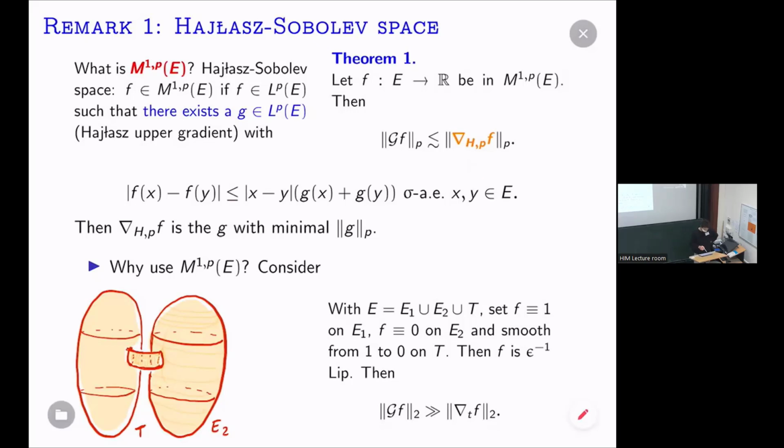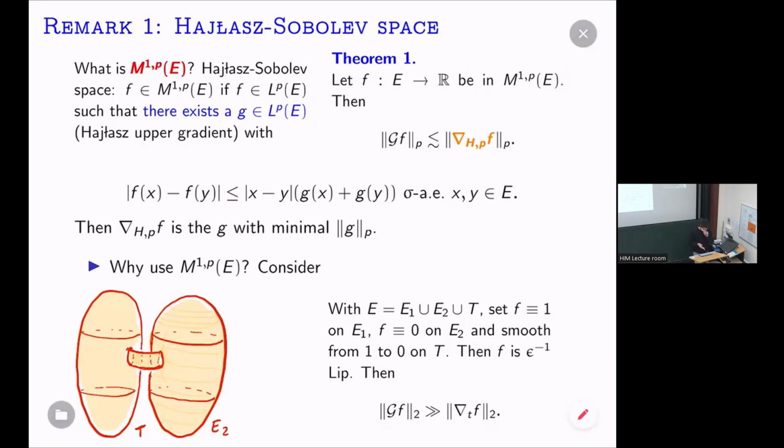Suppose we take these two eggs and join them, epsilon apart, by a tiny tube which has diameter epsilon. Then our E will be the surface of this object, and of course this is a uniformly rectifiable set.